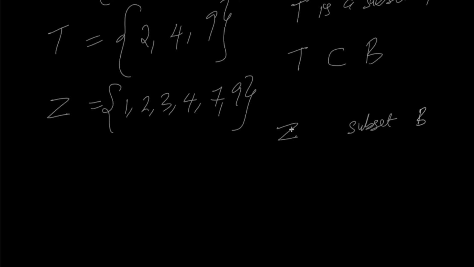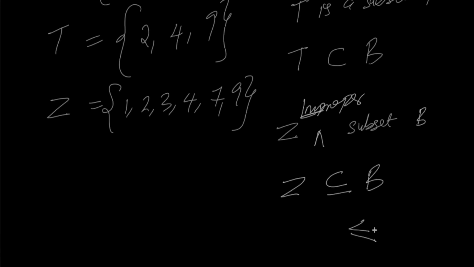We say what? Z is an improper subset. Improper. It is not okay. It shouldn't be like that. Though you are a subset, the type of subset you are is improper subset. Therefore, we say Z is an improper subset of B. That means you can say this one is less than or equal to, not 100% less than, not 100% subset.